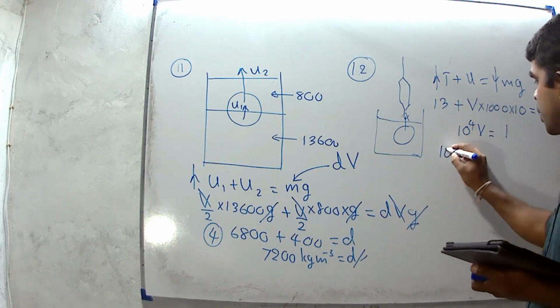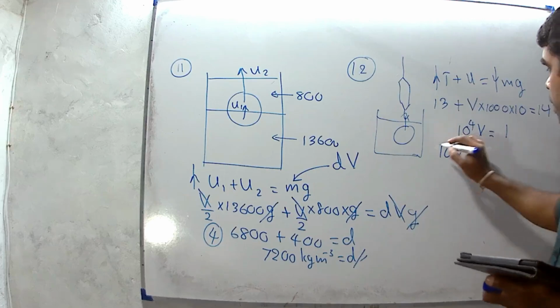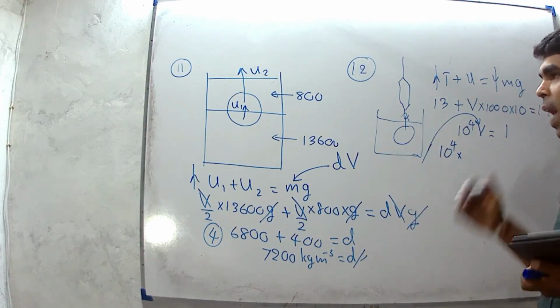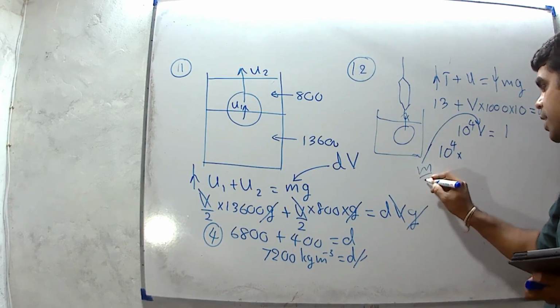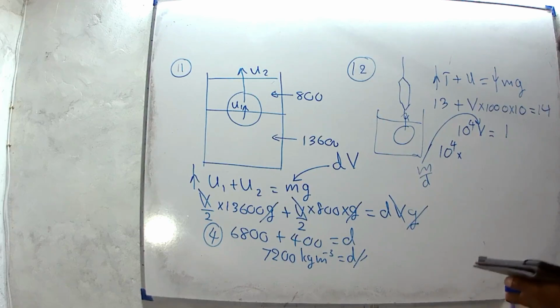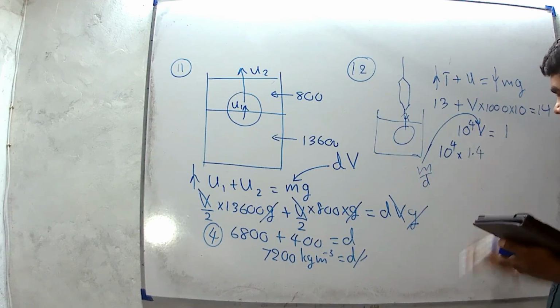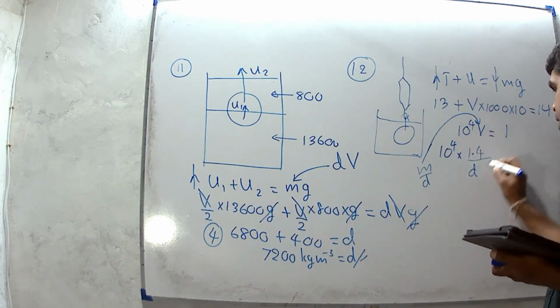Now we can substitute volume. Volume of the crown: we know that density equals mass divided by volume, so volume is mass divided by density. Then mass 1.4 kilograms divided by density.